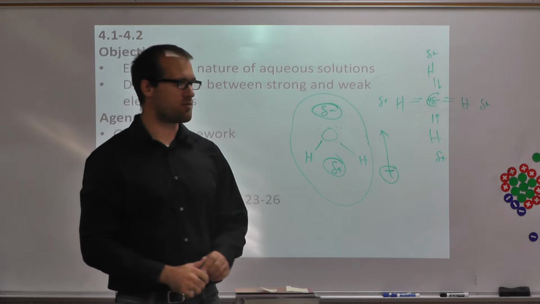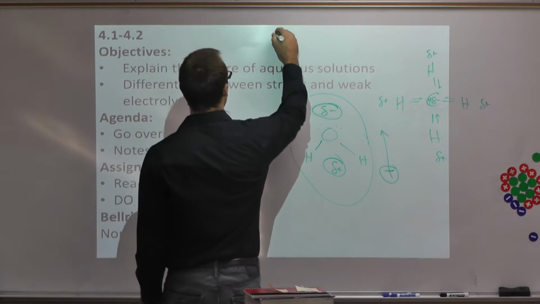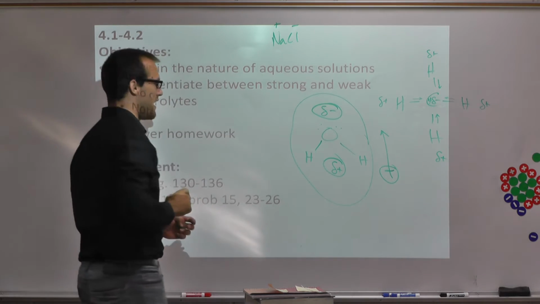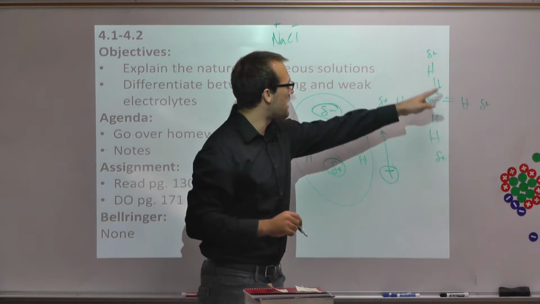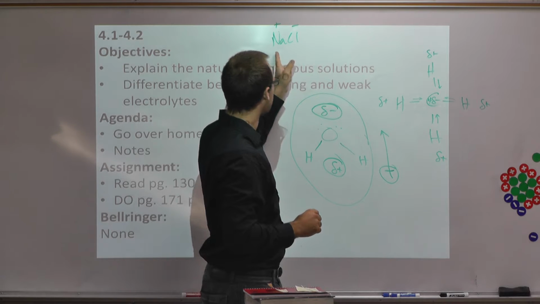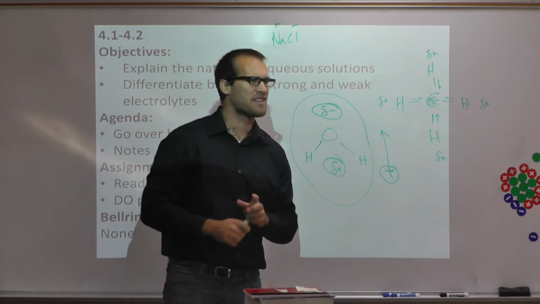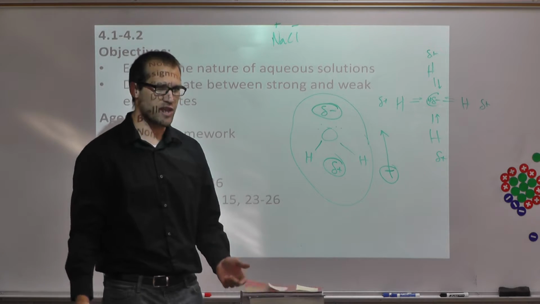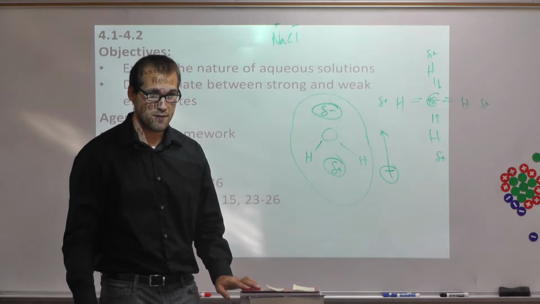And because they have opposite regions, when you take something like table salt, which we know is a positive ion and a negative ion, if this was all positive stuff, what would the sodium be attracted to? The chlorine. Nothing but the chlorine.